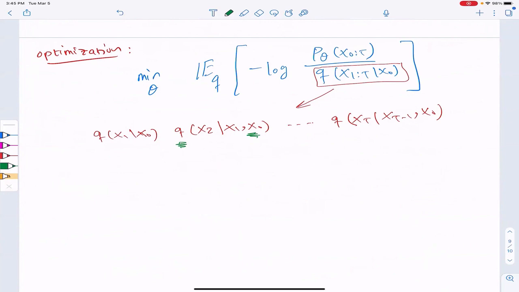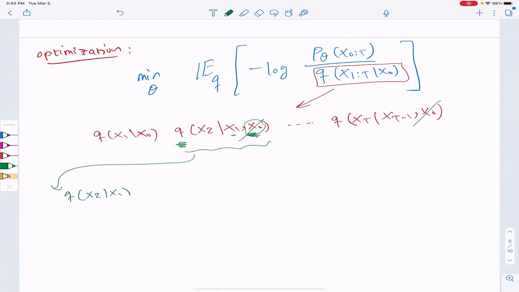Because when you have the Markovian property, all the information relevant to x2 is summarized in x1, therefore you can just drop x0 here. Same here, you can drop x0 in all of these terms. Why do you keep it? All right, so let's say we don't keep it. If we don't keep it, let's just focus on this particular term.